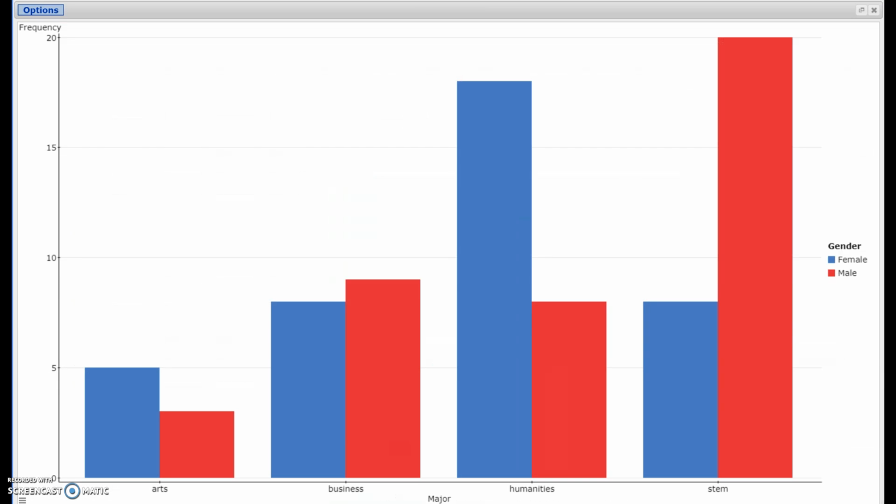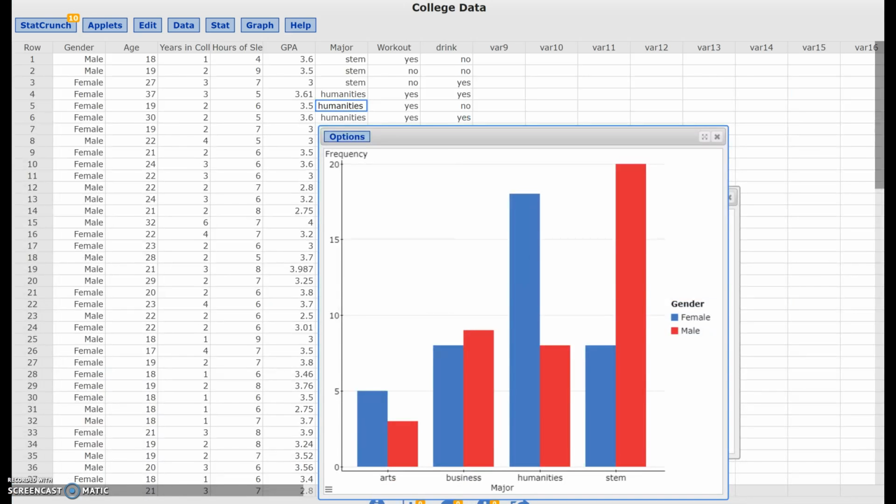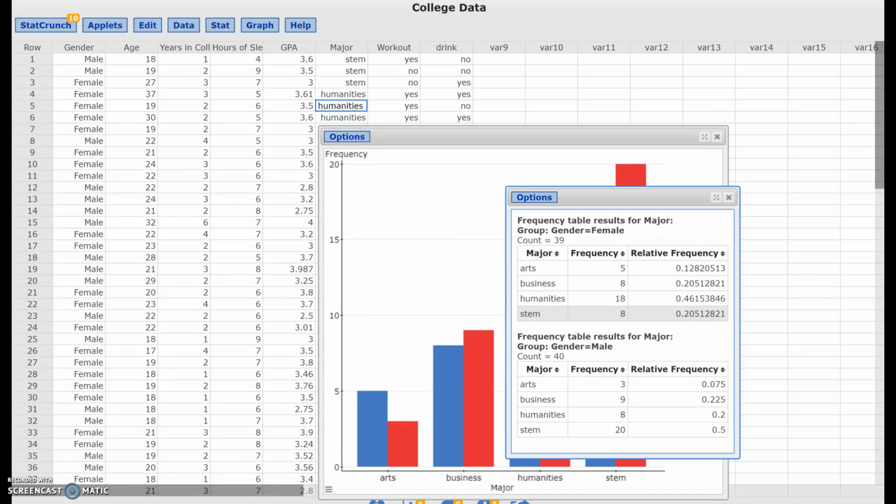See how you can see that for females, for the humanities, you see much more females than you see males. And then for the STEM it's the opposite. So here's a graphical way to see it. And then the other one is a more numerical way to see it. So these are two things that you can go ahead and explain. Now, when it comes to the hypothesis testing, that's what the next videos are going to be about.